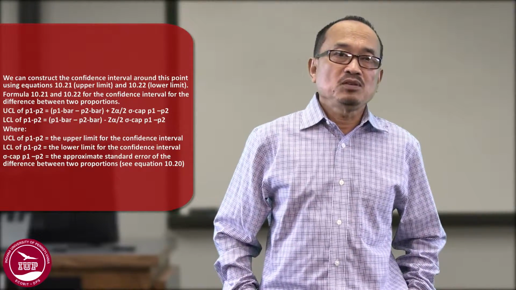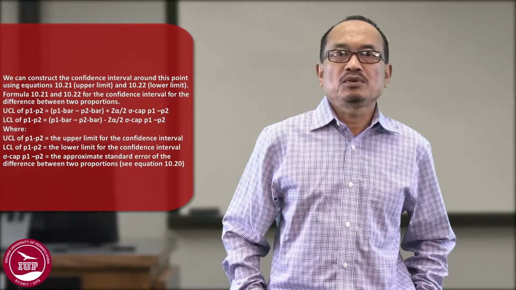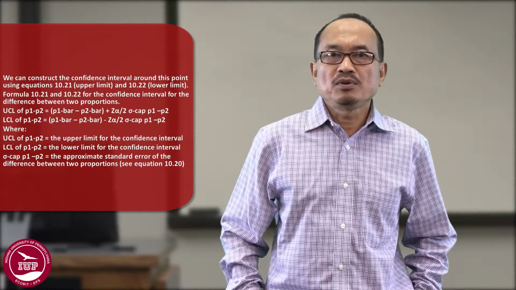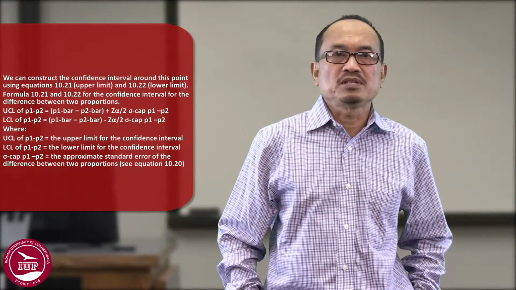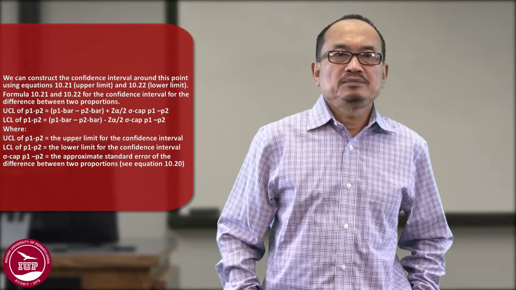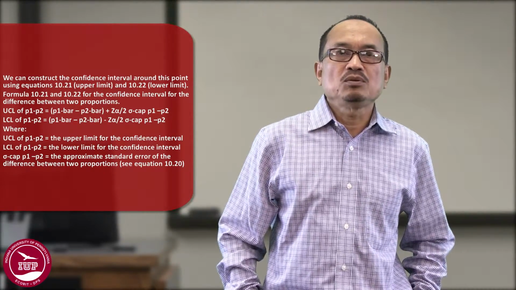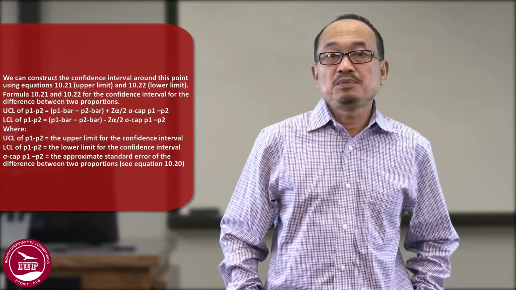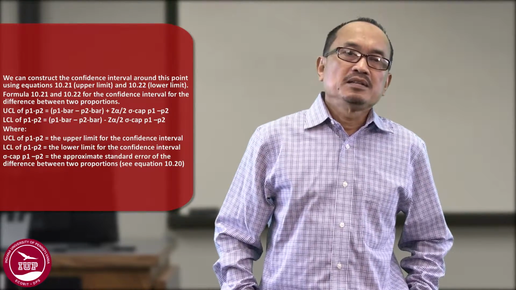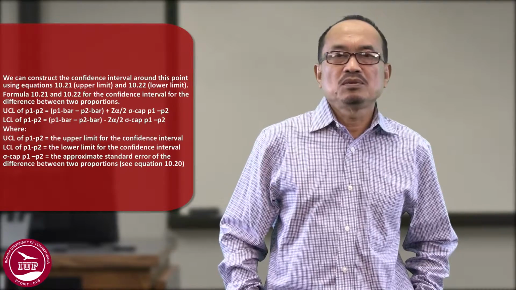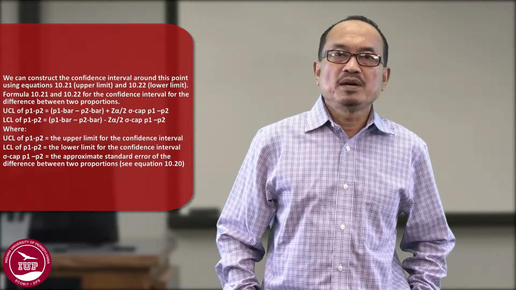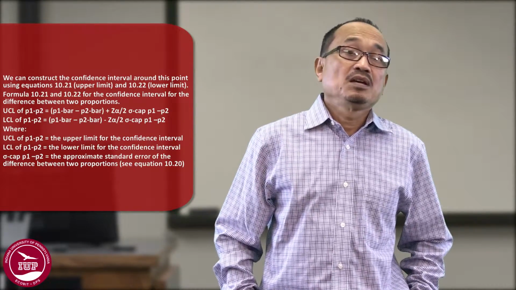Formulas 10.21 and 10.22 for the confidence interval for the difference between two proportions. UCL of P1 minus P2 is equal to P1 bar minus P2 bar plus Z alpha divided by 2 times sigma cap of P1 minus P2.